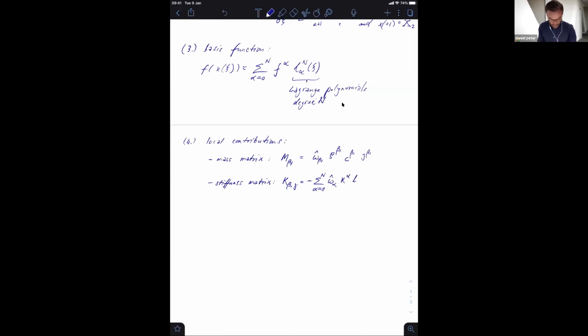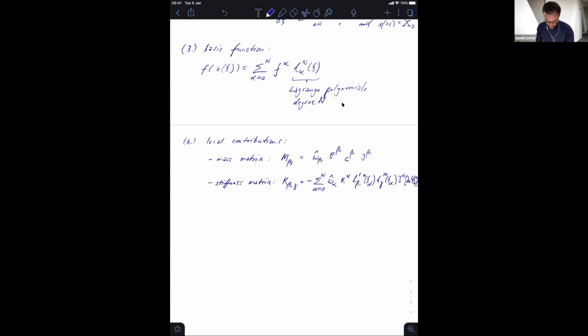And then we had these derivatives of the Lagrange polynomials, the L prime, evaluated at the GLL point xi alpha, times the derivative of L gamma n evaluated at that point, times the Jacobian times these derivatives of xi with respect to x evaluated at xi alpha.